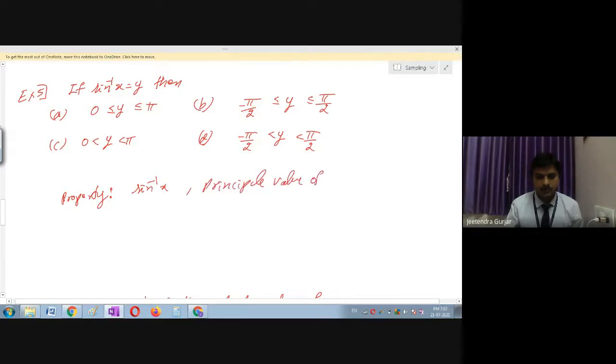So there is always a principal value bound, students. Please remember, sine inverse exists when it is between pi by 2 and minus pi by 2. So therefore we can easily find this is B. B is the answer. So now again go for the next example, students.